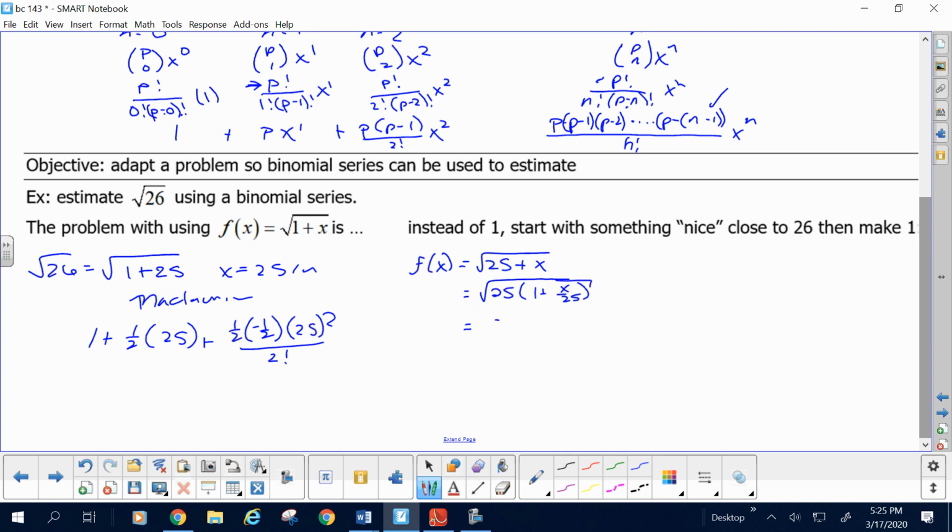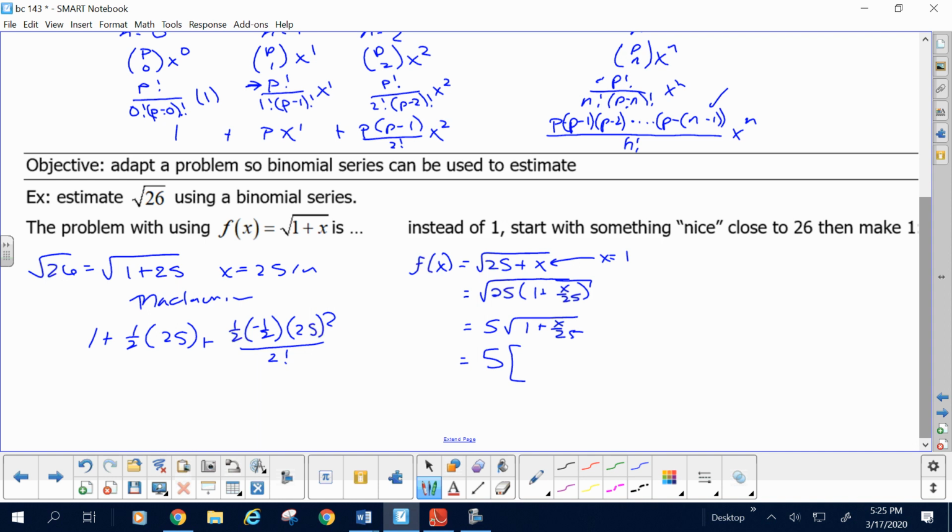Take out the 25. And then do a binomial on that with a bit of a substitution of, okay, now in this case, do you agree that x would be 1? And it would still be 1 all the way throughout here.